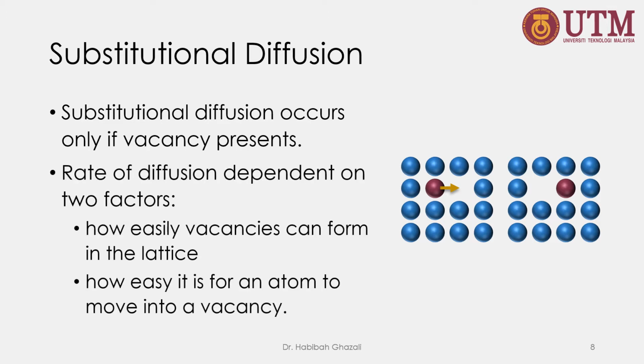So the rate of diffusion depends on two factors, which are how easily the vacancy can be created or formed in the crystal structure, and also how easily that atom can move from one atomic site to another atomic site. So this mechanism of diffusion is much slower than the interstitial diffusion, which we will look into now.